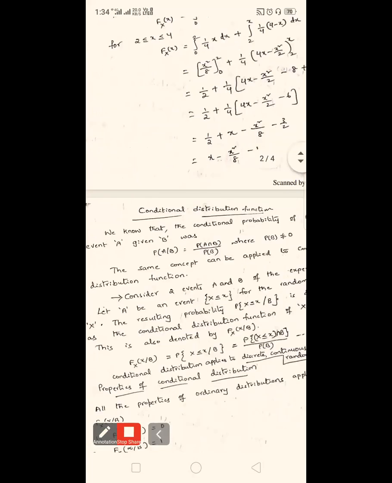Okay. Next topic. Let us discuss next topic. Conditional distribution function. So first of all, what is meant by conditional probability?